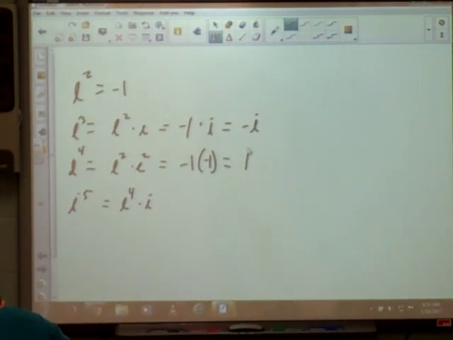Because I just figured out what i to the 4th is. So that's 1 times i, which is i. Okay, i to the 6th. That would be i to the 5th times i. And what was i to the 5th? i, right? Just look in the line above. So i times i is i squared, which is negative 1.